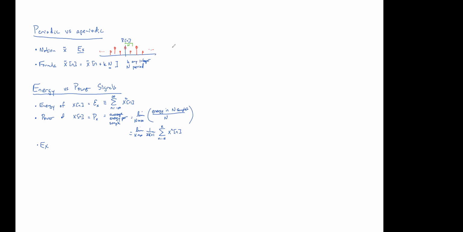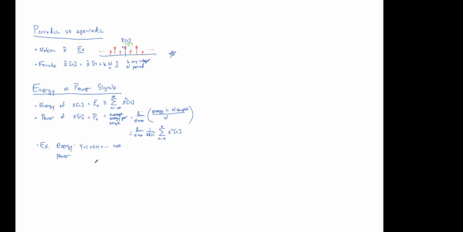As an example, the energy of this, if this is 2 and this is 1, starting at 0, would be 4 plus 1 plus 4 plus 1 and so on, which would be infinity. The power of that, you can see it repeats. So we really only need to determine the power of 2 of these.